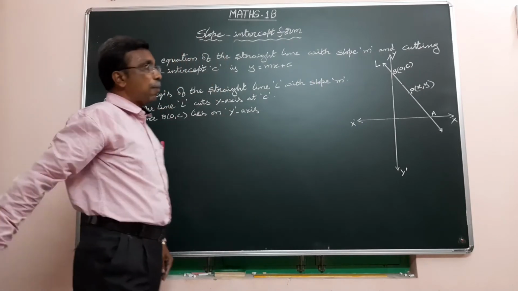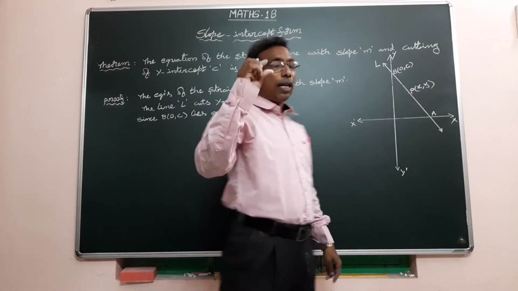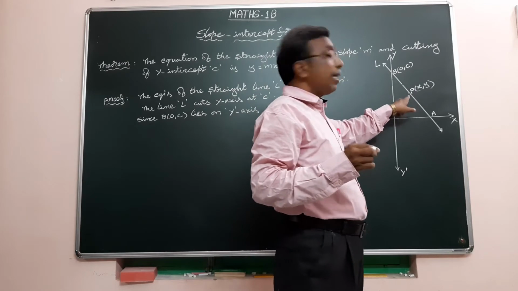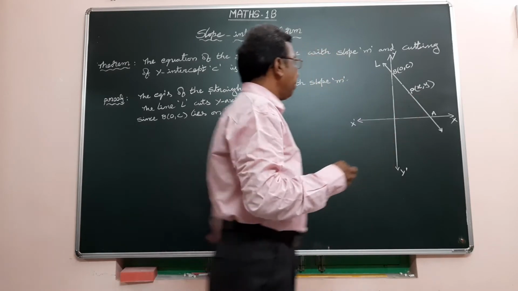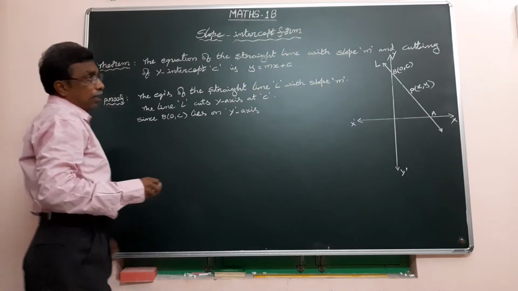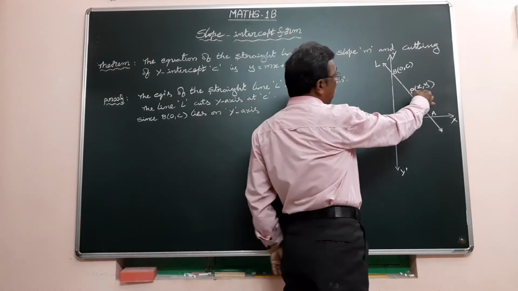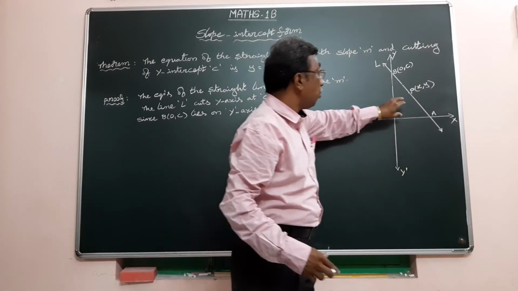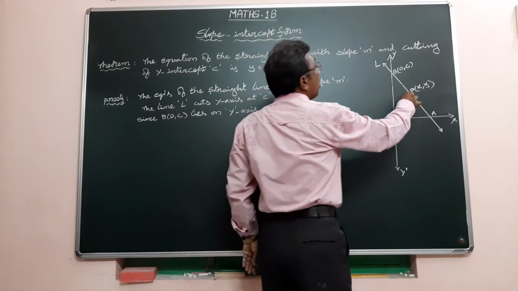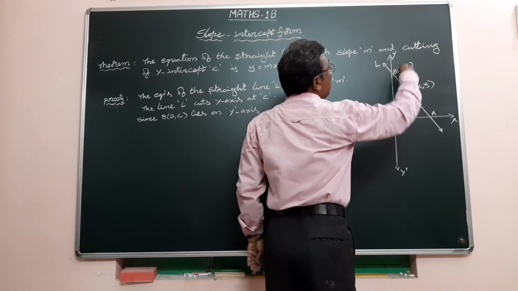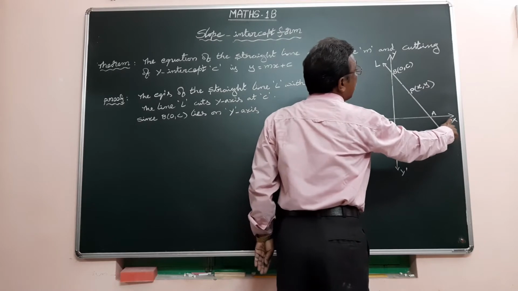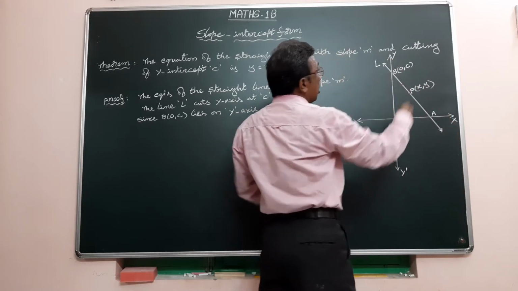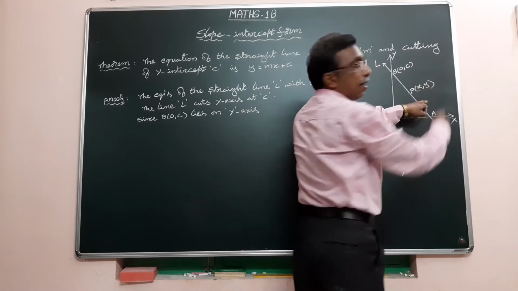Now consider one point P of x y on the straight line. P of x y lies on the straight line in which plane? This is the x-axis, y-axis; this plane is the xy plane.